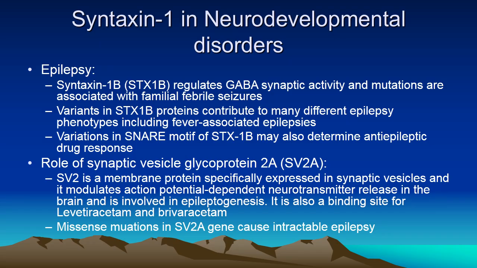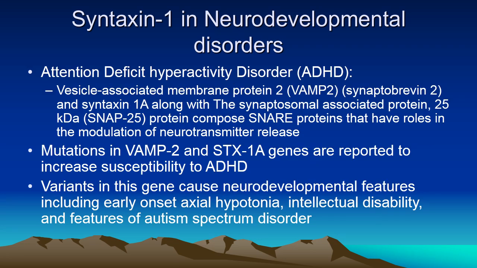Therefore, synaptic proteins may also act as receptors for the anti-epileptic activity of some drugs. Missense mutations in the SV2A gene are known to cause intractable epilepsy and attention deficit hyperactivity disorder, which occurs in children but may also occur in adults.